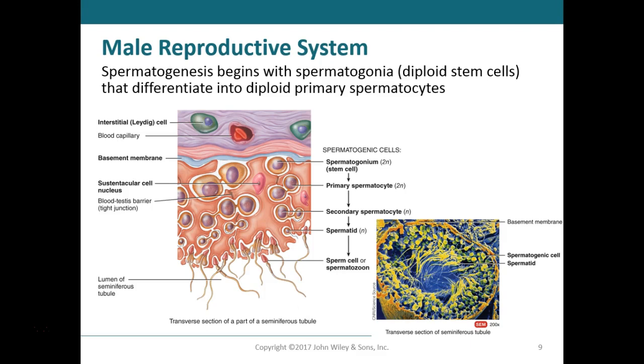These are sometimes called Leydig cells, and they secrete testosterone, which is the most important and the most prevalent androgen. Remember, an androgen is just a male sex hormone that promotes the development of masculine characteristics. Testosterone is also what promotes a man's libido or sex drive.